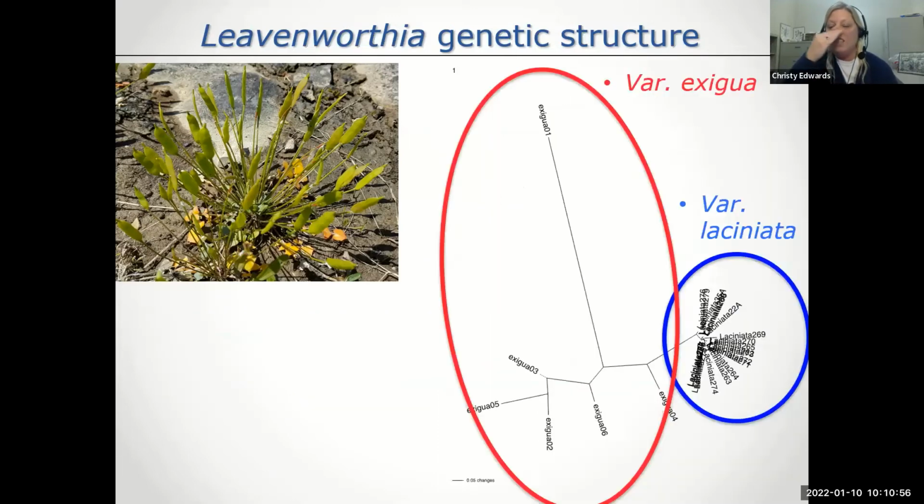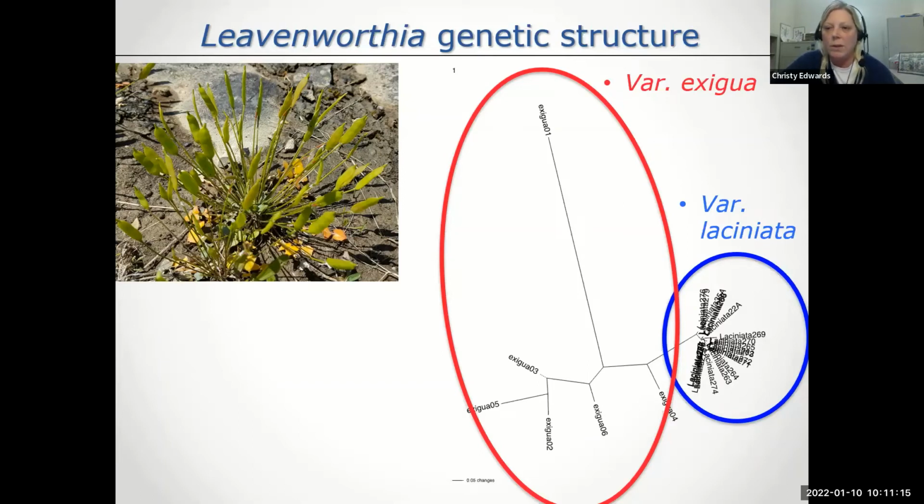So what we did basically is we went out, and I think we sampled from about 20 populations, and we sampled 24 individuals per population. And we sampled from both variety laciniata and variety exigua. And this is a genetic distance tree.